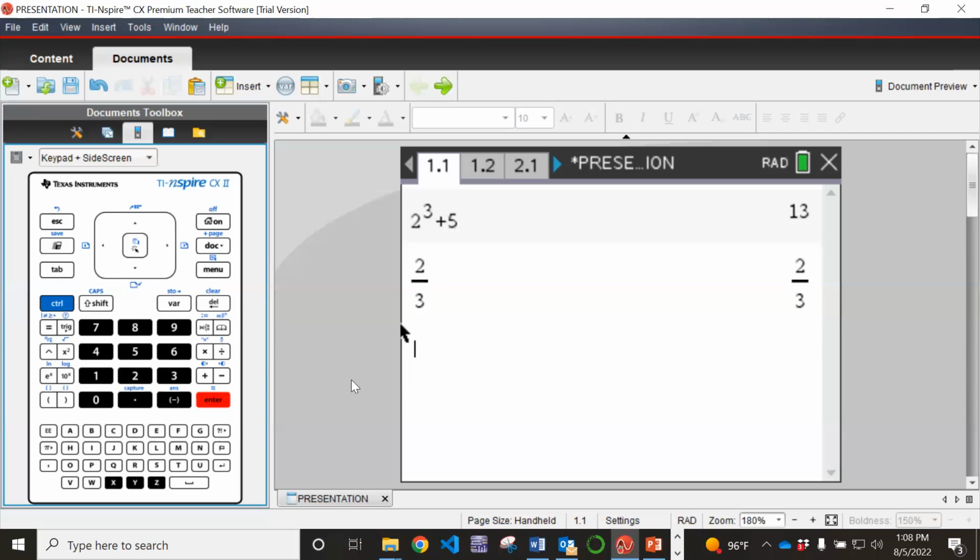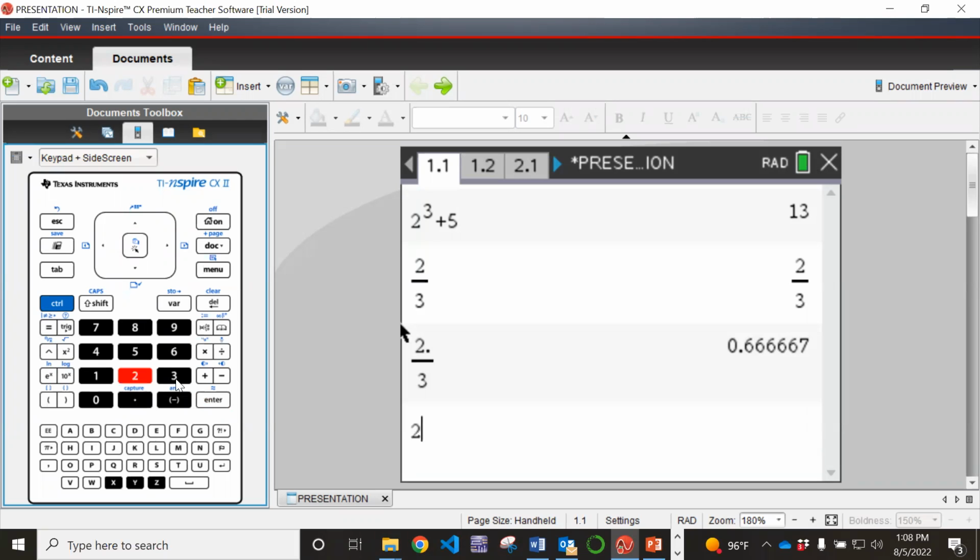So what we have is a couple of ways of forcing it to give me a decimal answer. First way that I can actually force it to give a decimal answer is if I actually put a decimal point in my calculation. So if I do 2 point divided by 3, now when I hit enter, it actually gives me that decimal approximation.